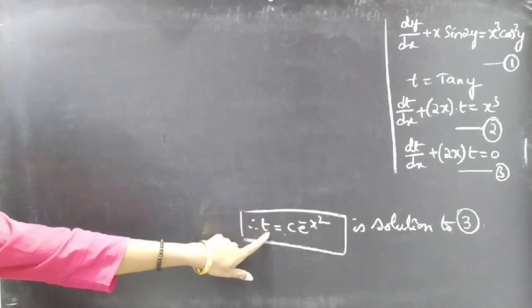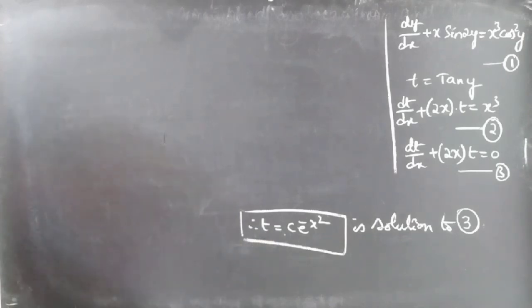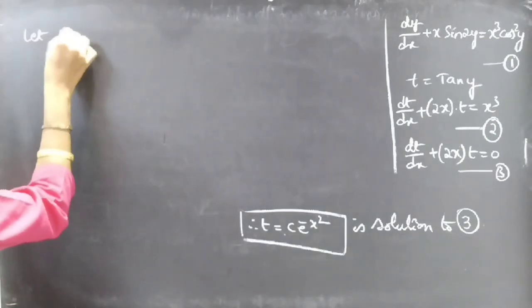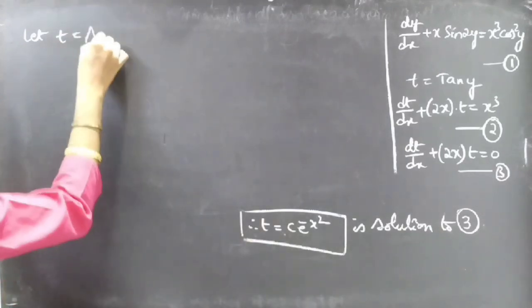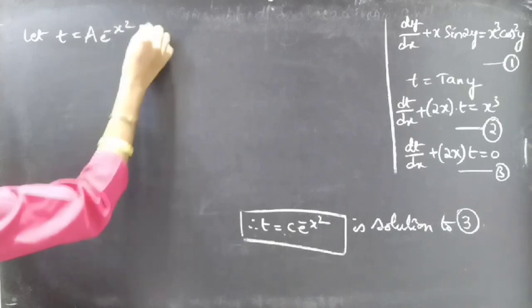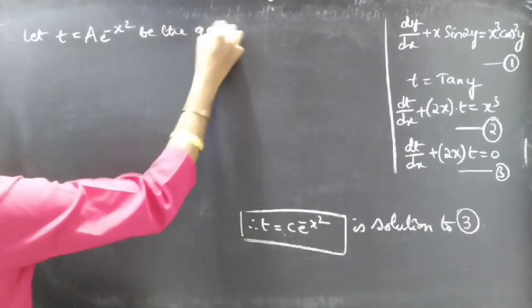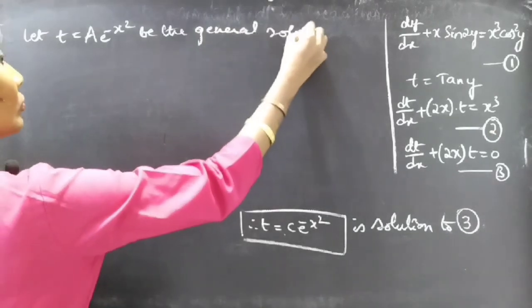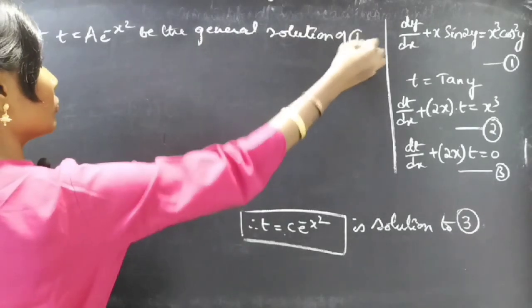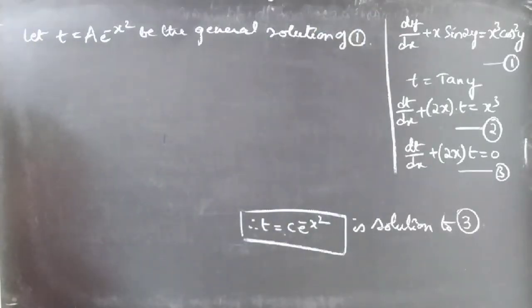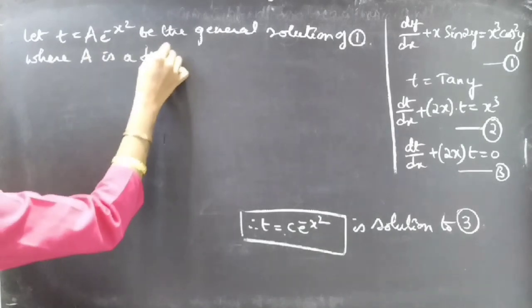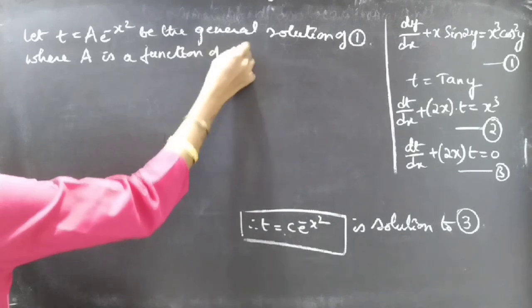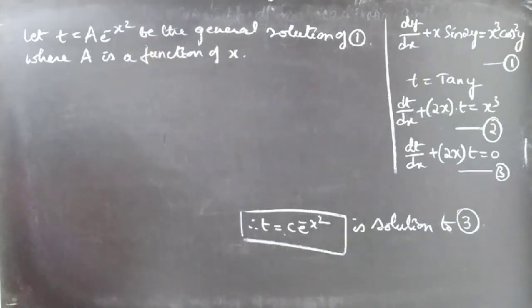Now, using the solution of the homogeneous equation, we'll write the general solution of the given equation. Let t equal to, just replace the constant or parameter with a function of x, a into e power minus x square, be the general solution of 1, where a is a function of x, right?